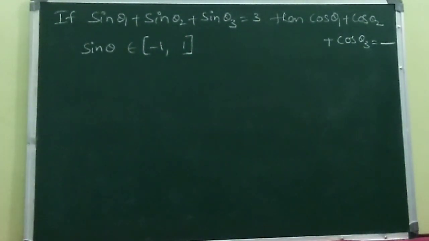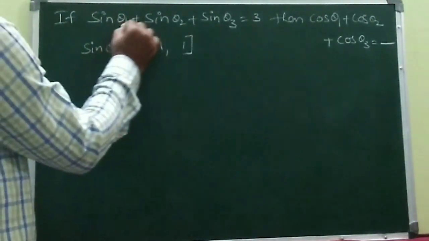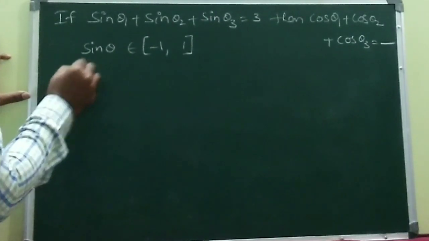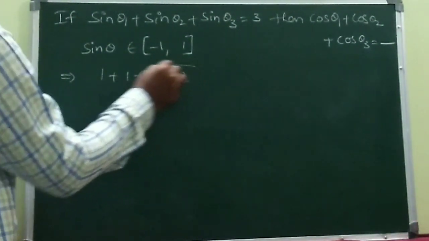We already studied, isn't it? Range of sine theta lies between -1 to 1, closed interval. Now clearly, given that sine theta 1 plus sine theta 2 plus sine theta 3 is equal to 3, you know, my dear, this is possible only if 1 plus 1 plus 1 is equal to 3.